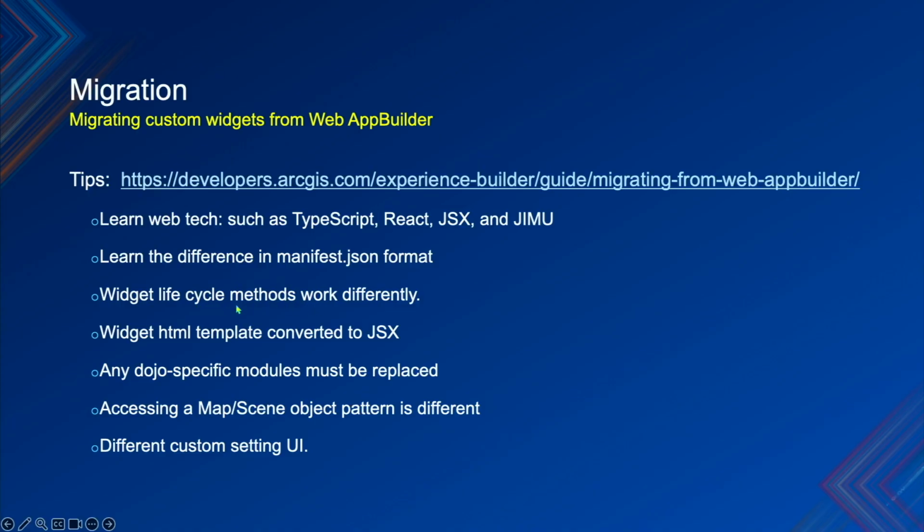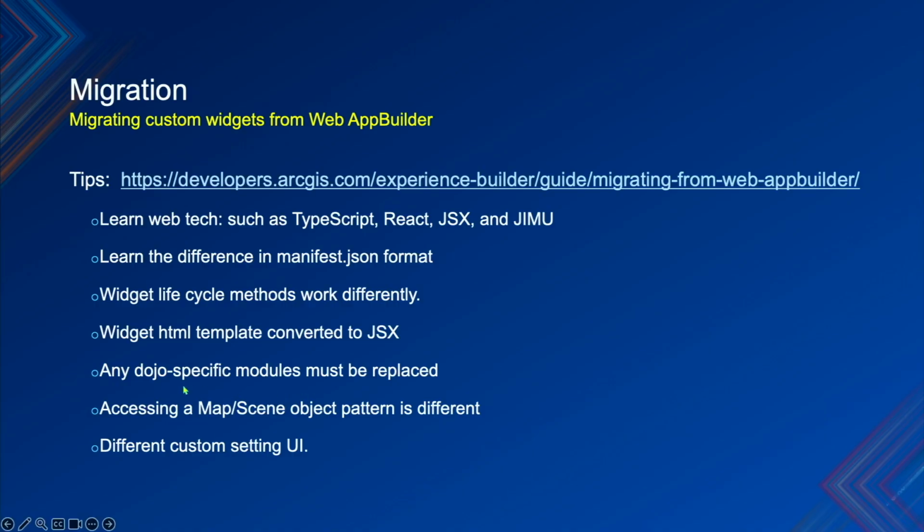And the widget lifecycle methods work differently in Web AppBuilder and Experience Builder. What's more, the widget HTML template used in Web AppBuilder is now converted to JSX in Experience Builder. JSX is a syntax extension to JavaScript. It is recommended to use it with React to describe what the UI should look like.